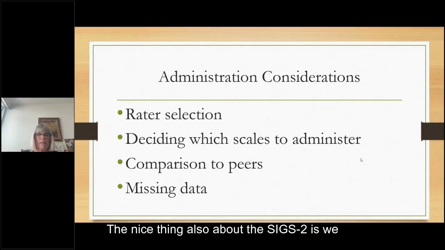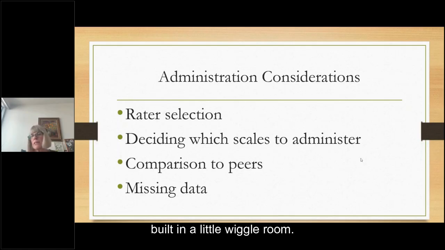The nice thing about the SIGS-2 is we built in a little wiggle room. Sometimes a parent or a teacher might just say, I don't know how to rate this item. If you have 1 or 2 items that an educator or a parent or guardian feel they cannot adequately rate, you can still use the scale.